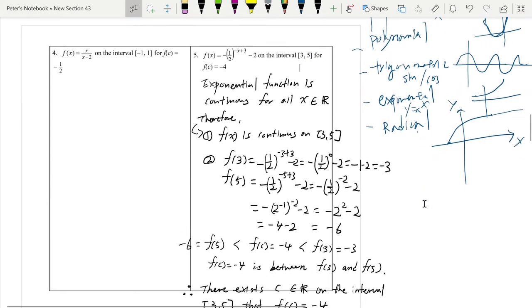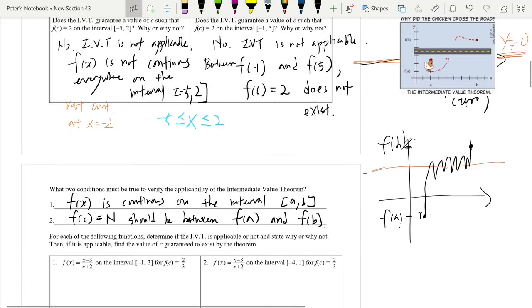Second condition here: f of 3 is equal to, let's see, we have to find the y values of those endpoints, 3 and 5. So f of 3 and f of 5, because we have to satisfy that our f of c equals negative 4 should be between f of 3 and f of 5.